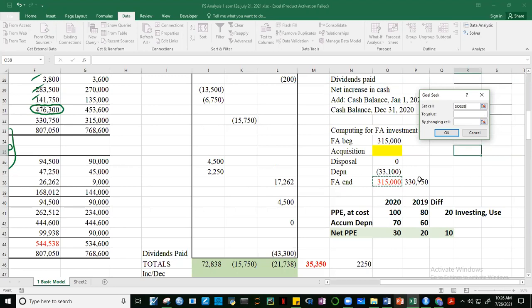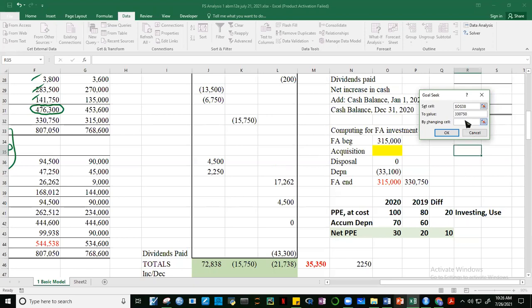Kasi ngayon hindi pa tama itong ending natin. Bakit? Kasi wala pang value acquisition. It should be equal to what value? Note guys, walang spreadsheet icon dito, so dapat ita-type natin yan. Hindi natin pwede i-link. It should be equal to what, guys? In-answer na ito kanina. 330,750. Yan, no?